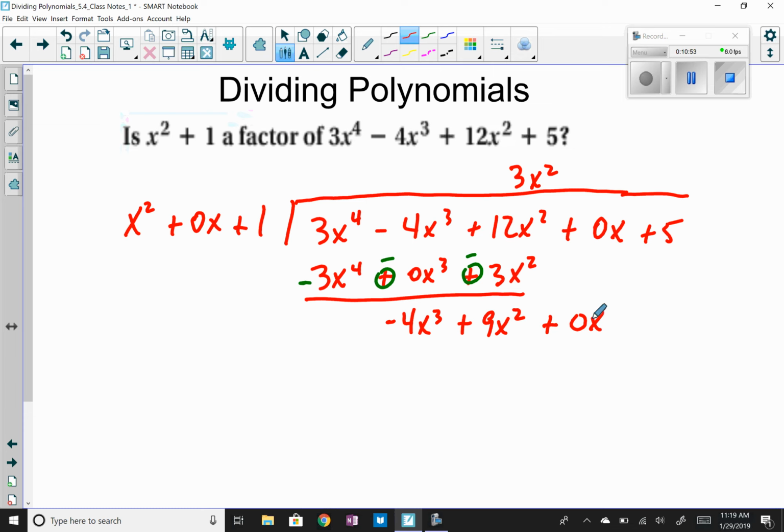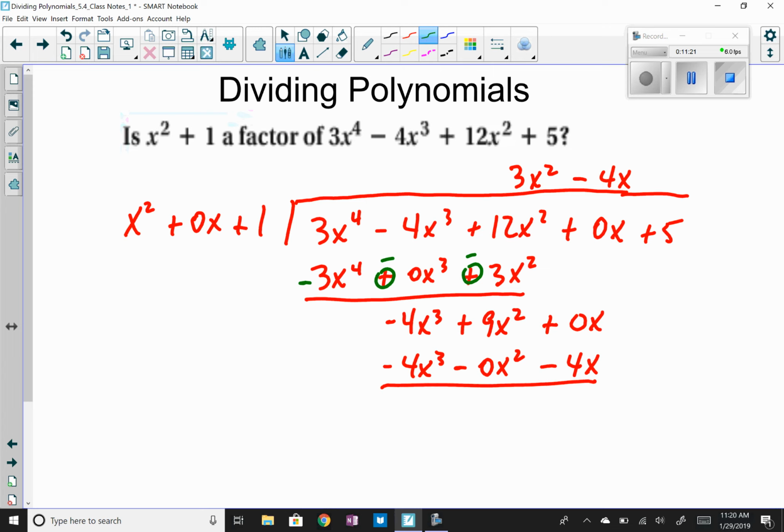All right, so now we're looking for something to multiply to x squared that will give us negative 4x cubed. So that's going to be a negative 4x. So negative 4x times x squared, negative 4x cubed. Negative 4x times 0x will be a negative 0x squared. And negative 4x times 1, negative 4x.